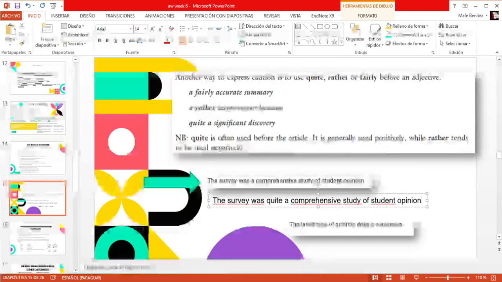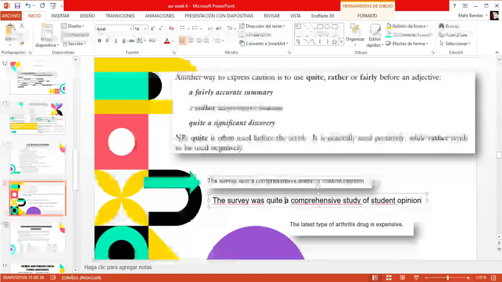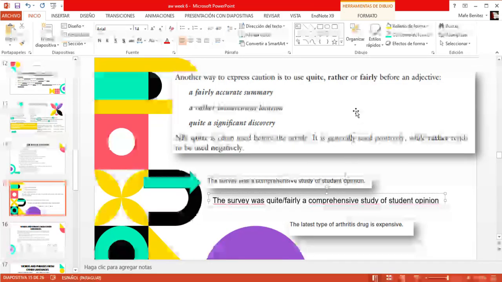But we don't want to say yes, or 100%, the study was comprehensive. So we're gonna use quite to be careful. We can use quite or a fairly comprehensive study of student opinion.